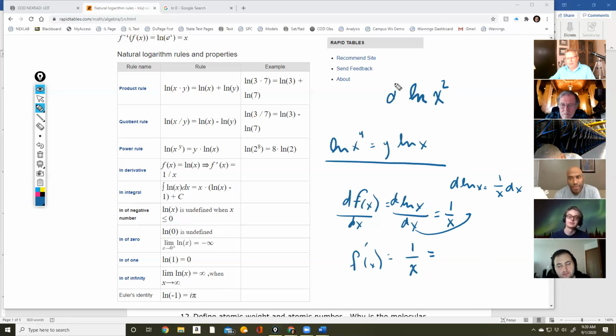So the derivative of the natural log of x squared is 1 over this thing. But this time it's 1 over x squared, times the derivative of x squared.